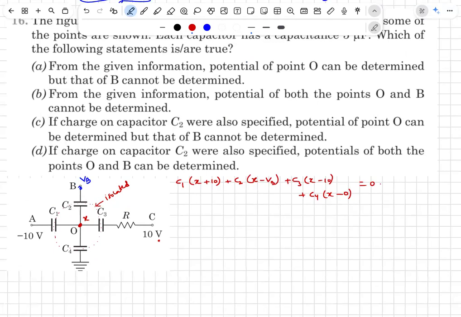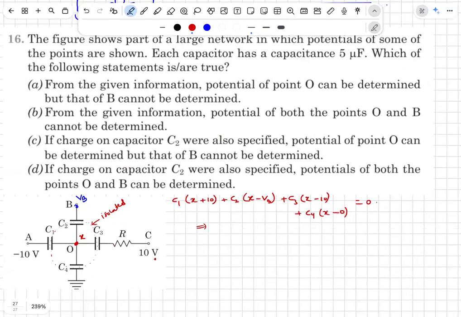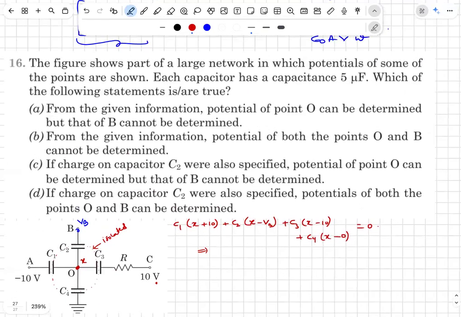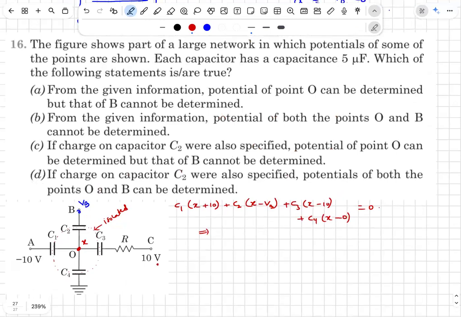Even then, on solving, your C1 value, C2 value, everything is 5 microfarad, so C has nothing to do with this. Just count X: you have 4X plus 10 minus 10 cancel, and minus VB is equal to 0.